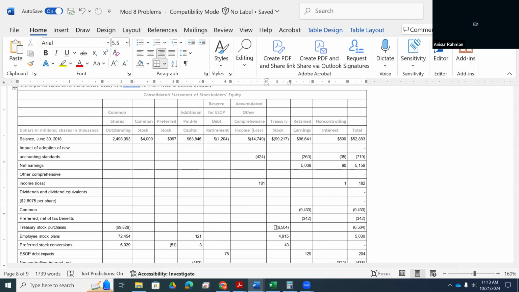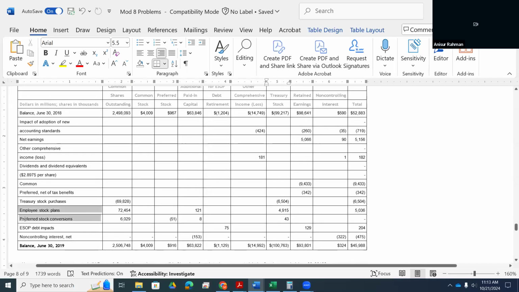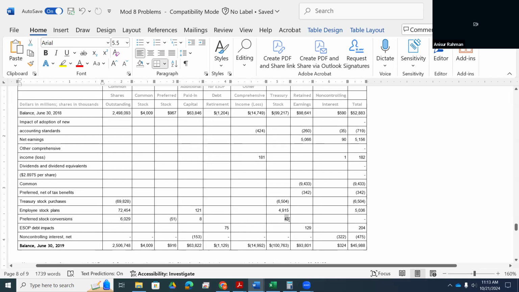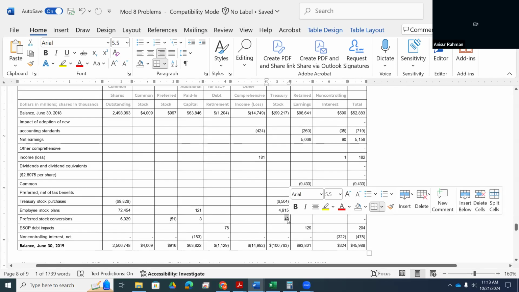So when new shares are sold from treasury stock, its balance decreases. So that's what you see for the preferred stock conversion. This $43 million was positive, which means that it decreased the negative balance of treasury stock.